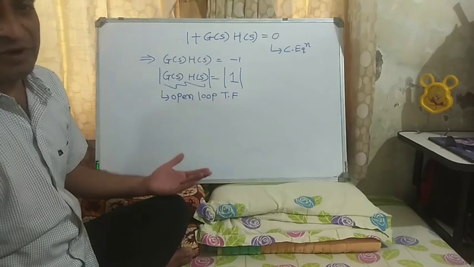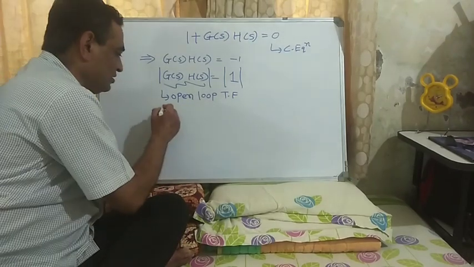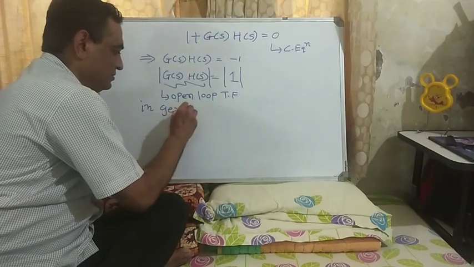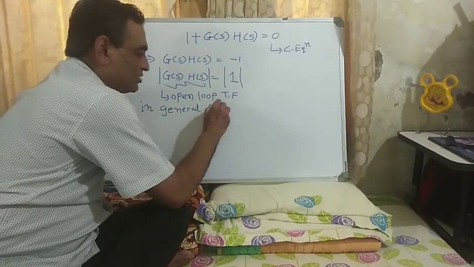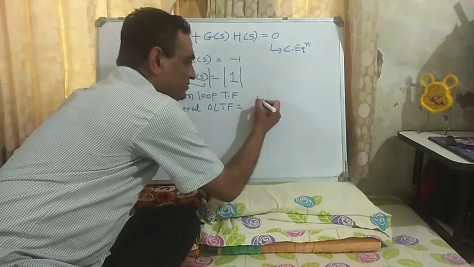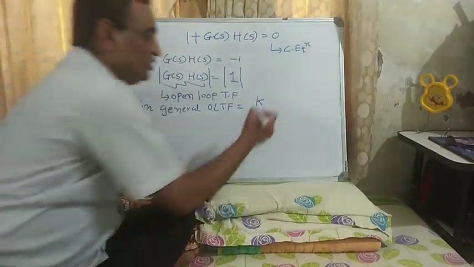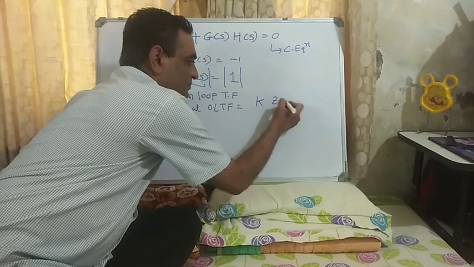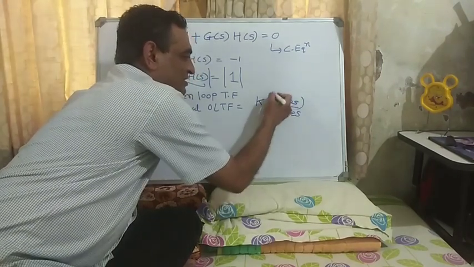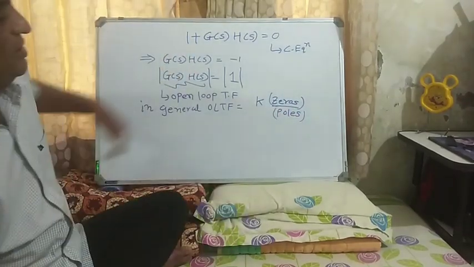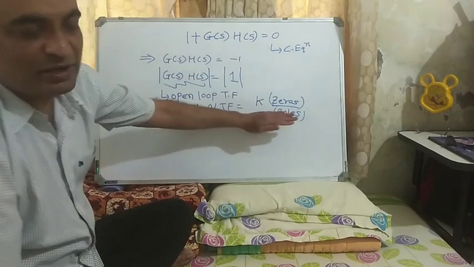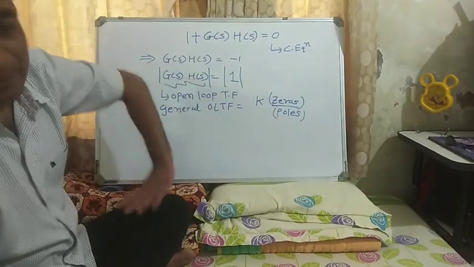Any open loop transfer function can generally be written with the gain k, and the zeros upon poles. If you solve the numerator polynomial, you will get the zeros. If you solve the denominator polynomial, you will get the poles.